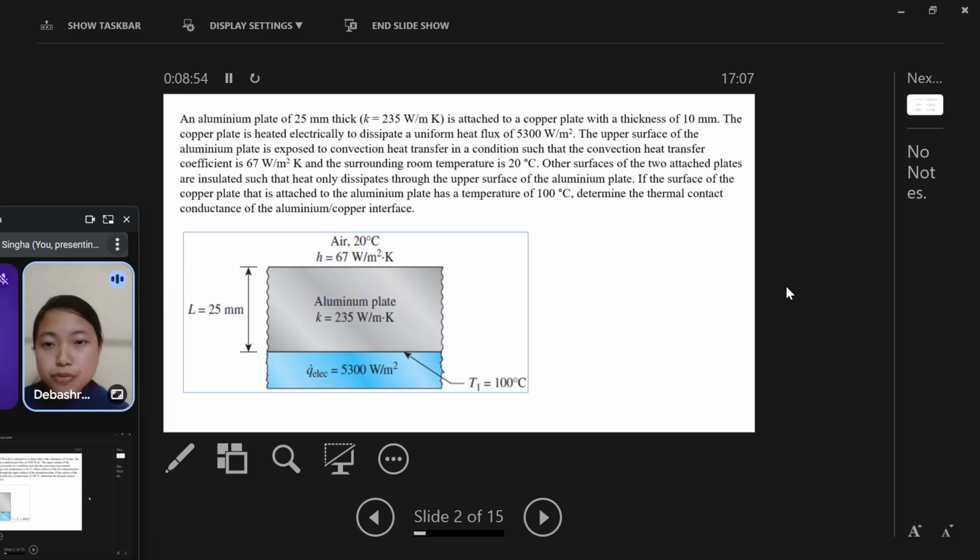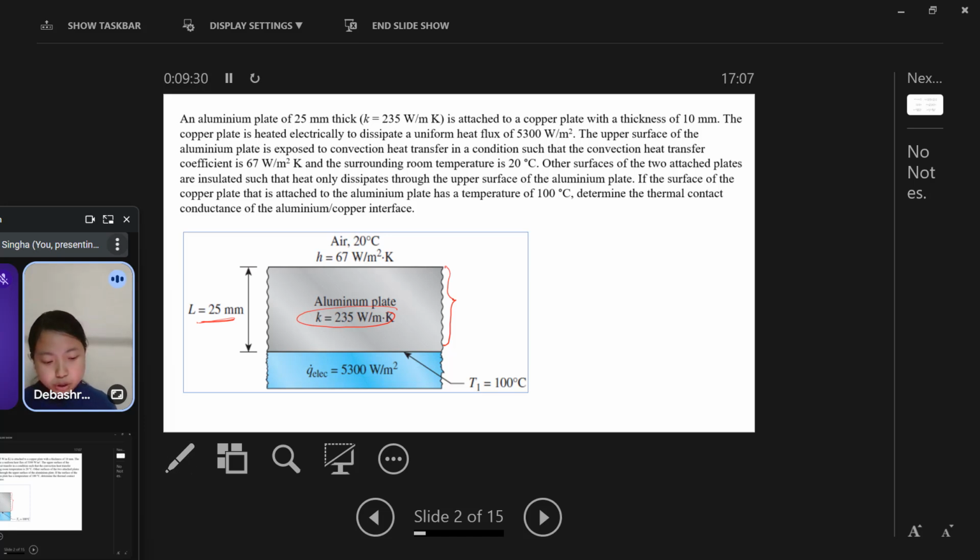An aluminum plate of 25 millimeter thickness, with conductivity given to be 235 watt per meter Kelvin, is attached to a copper plate with a thickness of 10 millimeter. Already in the figure it is given. This is the aluminum plate, with thickness of around 25 millimeter, and it has a thermal conductivity of 235 watt per meter Kelvin.